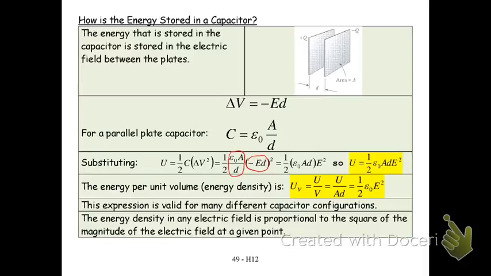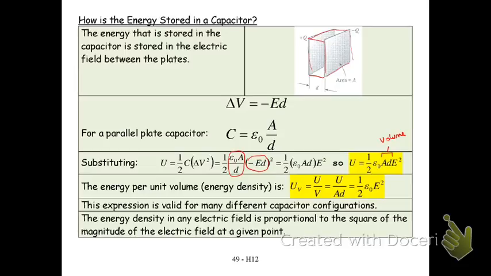And then I have that expression. And by the way, A times d is going to equal the volume of the little bit inside. That area times that is the volume. So from a physicsy point of view, my energy storage depends upon the area.